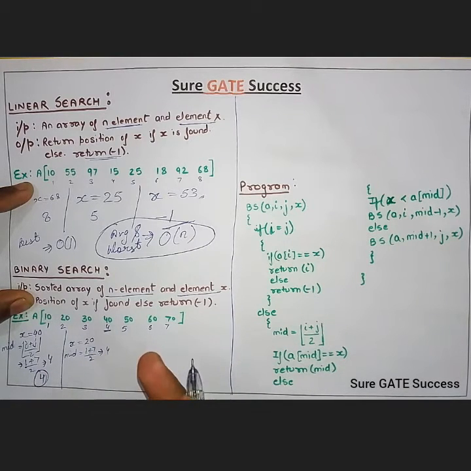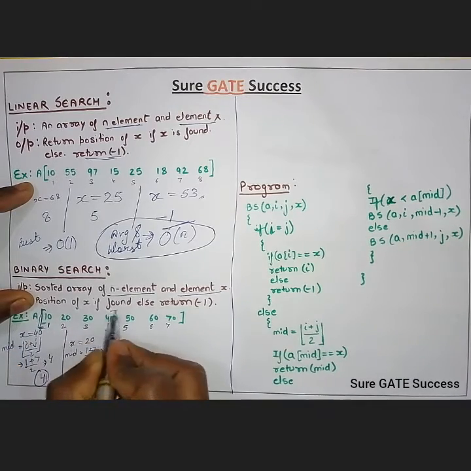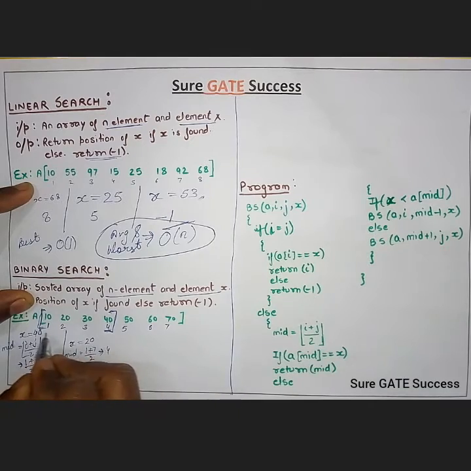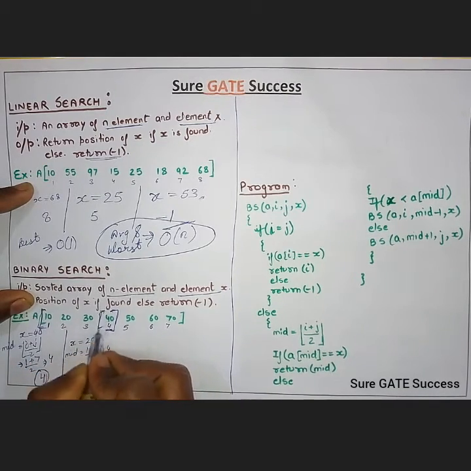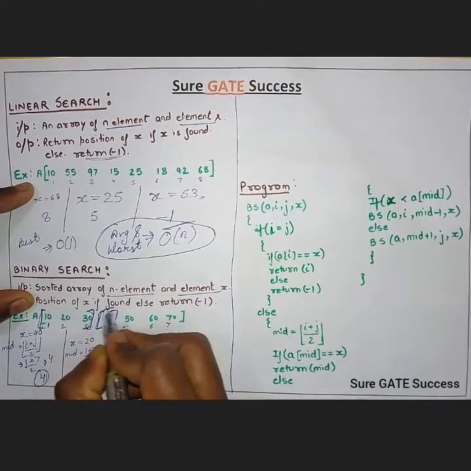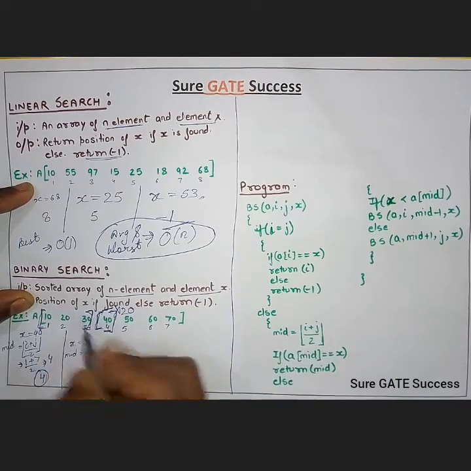Obviously 20 is less than 40. That means we now have to search in this location. We have already checked this, so we have to search in this part. It is not 20, so we have to search in this location.